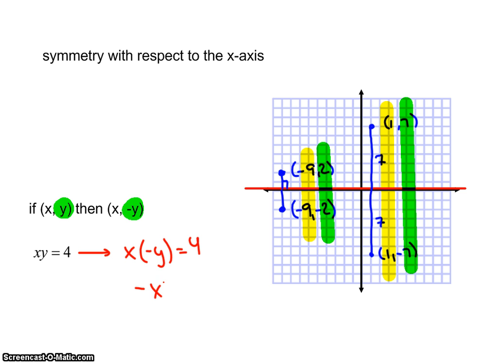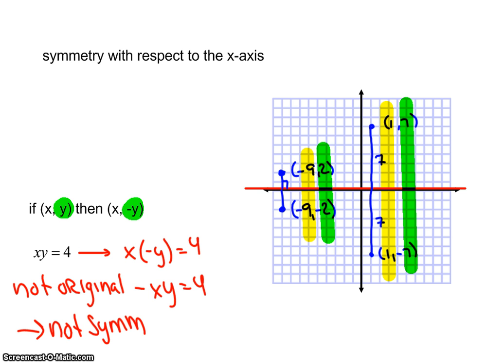And when I simplify that out, it's not the original, therefore not symmetric. In some graphs, it's easy to see that they're not symmetric with respect to whichever of these that we're looking at, but we don't want to always graph them. And some of them we won't know exactly what they look like.